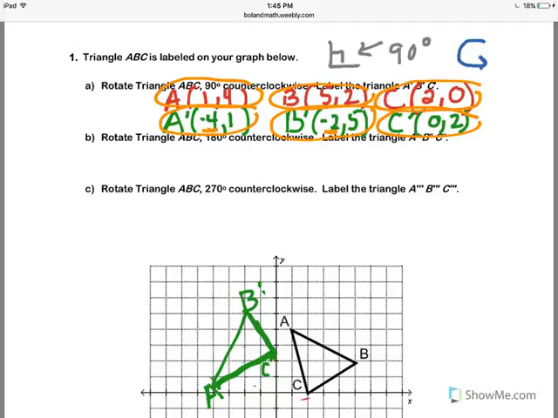So the rule is that if you are rotating something counterclockwise 90 degrees, then you take the X and Y from the original and swap them. So you switch X and Y and then change the sign on the Y.